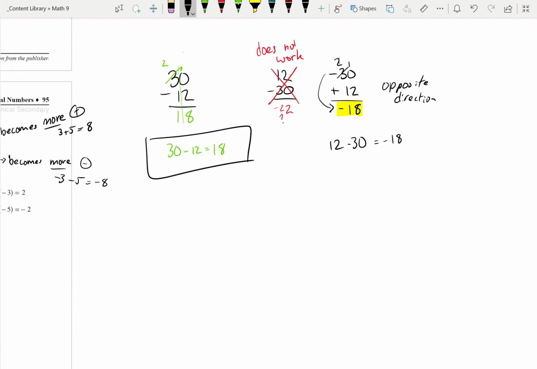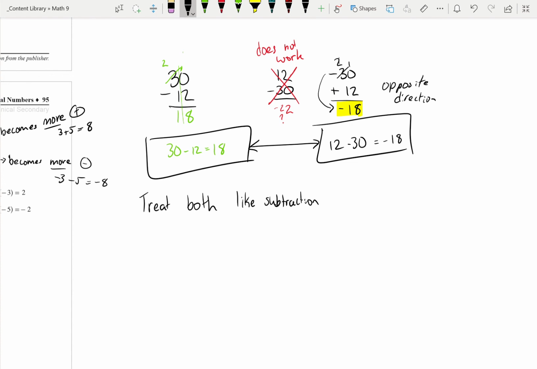Why I'm bringing this up is that there is a symmetry here. So treat both like subtraction. Larger number on the top.